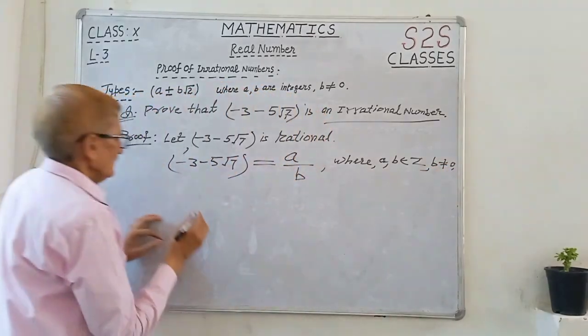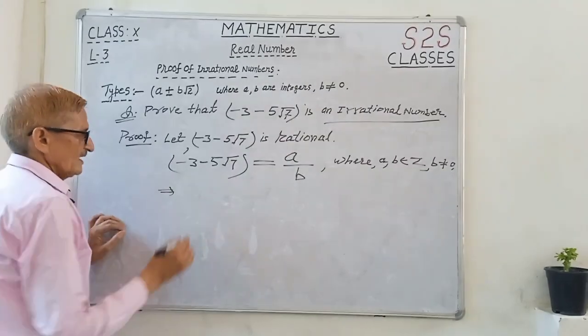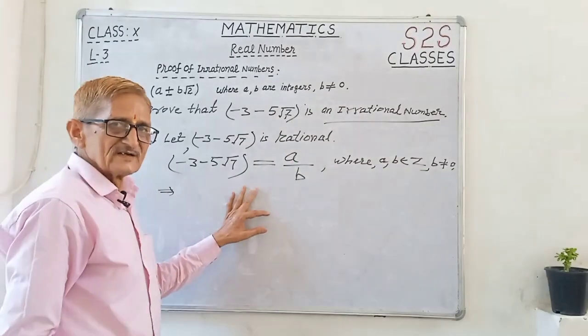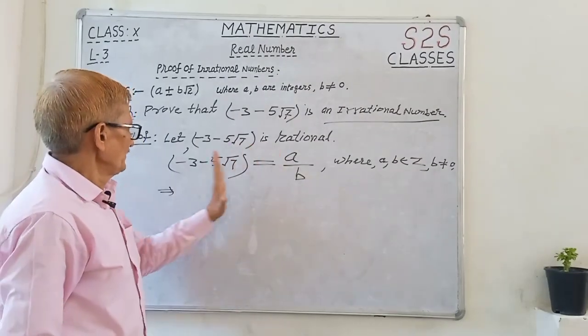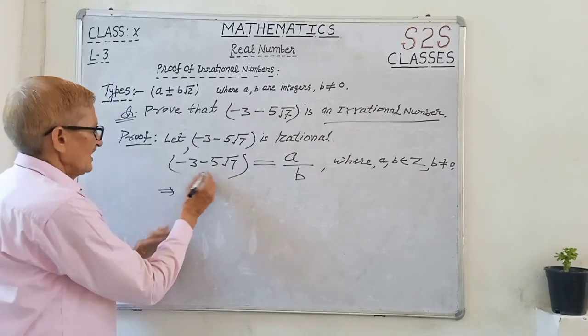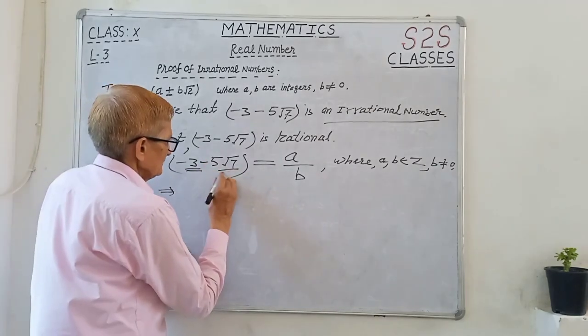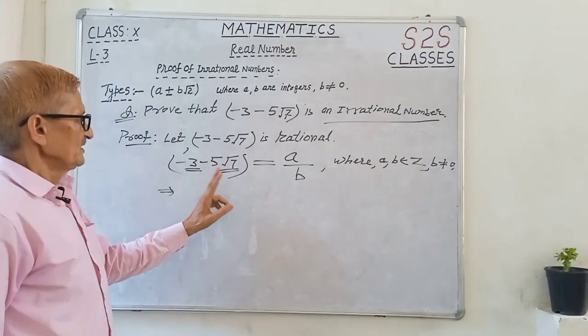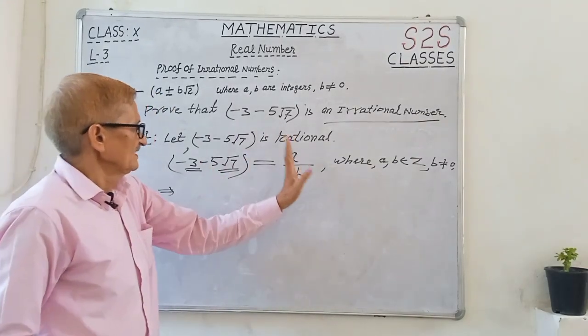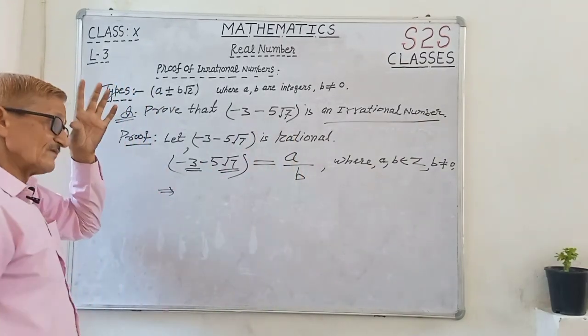Okay, now again the same thing. I told you that this has two parts, one is the rational part, the other is the irrational part. So take the irrational part on one side and all other numbers on the other side.